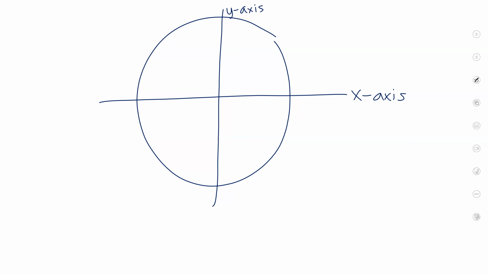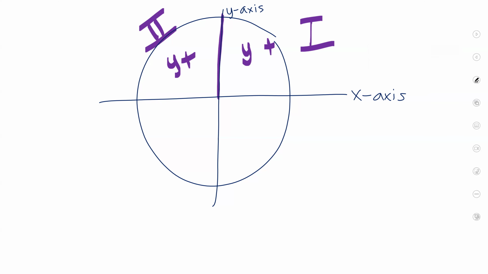Notice your y-axis is positive on this side only. That means your y value is positive in the first quadrant, and your y value is positive in the second quadrant. Okay, so what I'm trying to tell you is that sine is positive in the first and second quadrant.